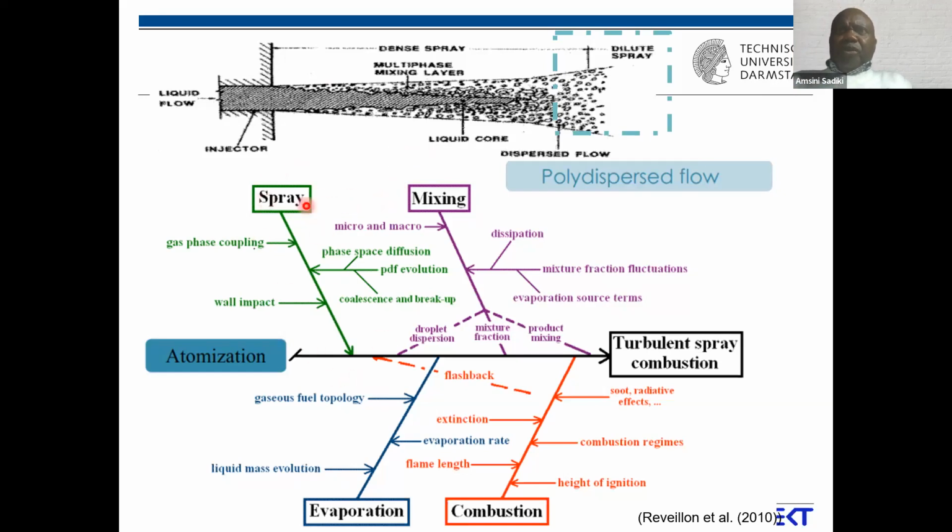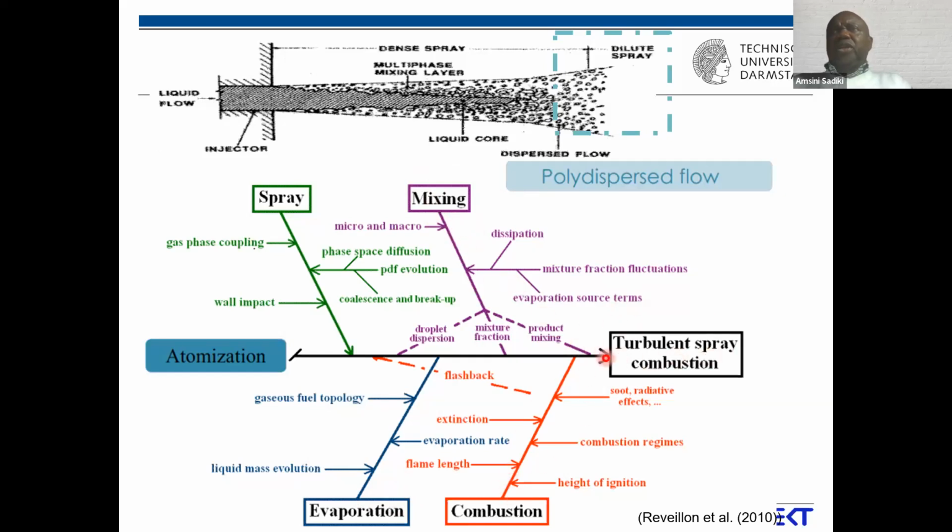So if we decompose now these processes into sub-processes, we have exactly what I have provided you before. We have atomization in this part. We have spray formation. We have evaporation. We have mixing. We have combustion.